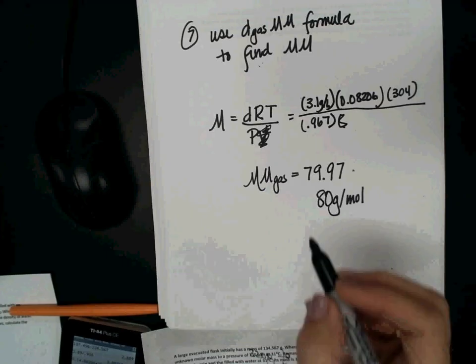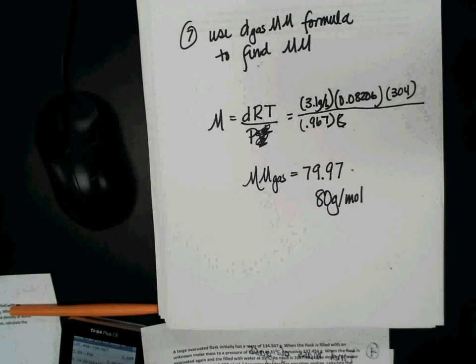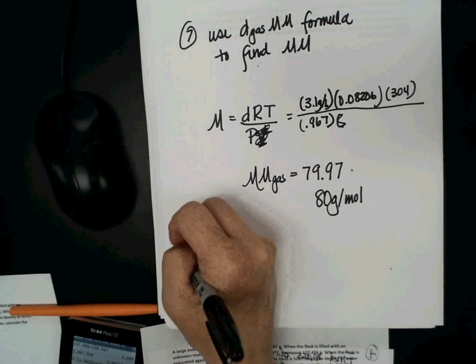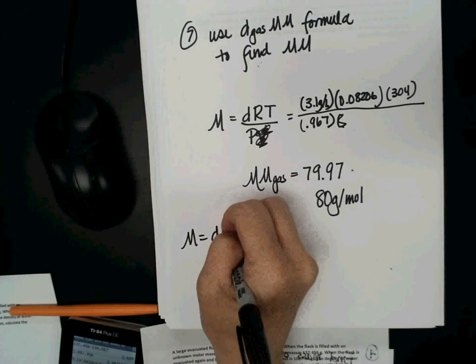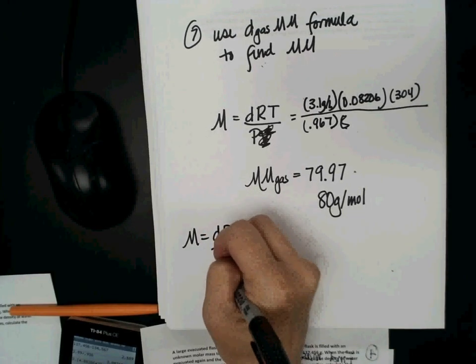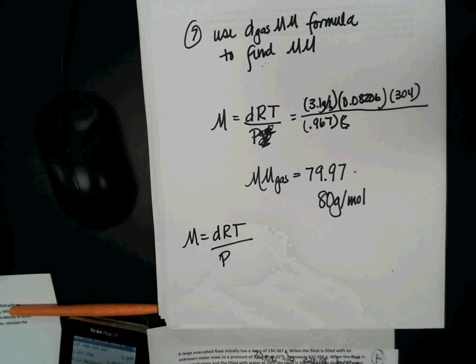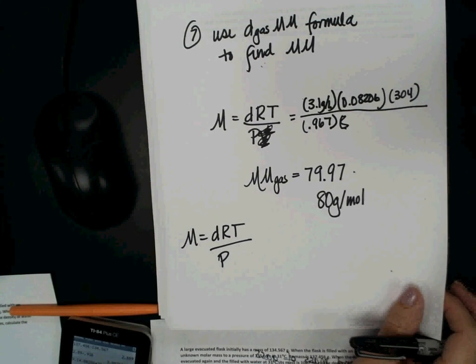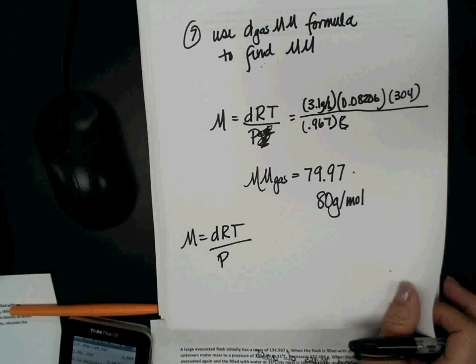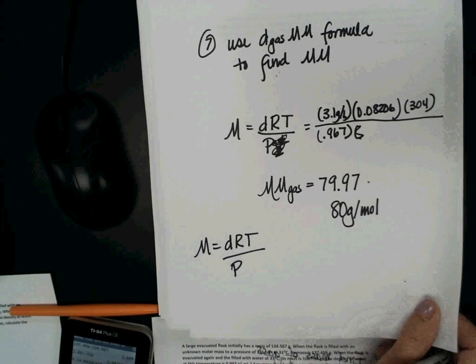If you don't have a variable like the volume, do you just get rid of it? No, that shouldn't have been there to begin with. This is your formula: M equals dRT over P. Because when we bring the density in, we've already taken care of the volume. I was just thinking about the old PV equals nRT when I was writing.